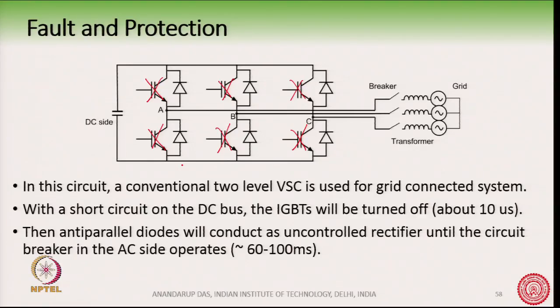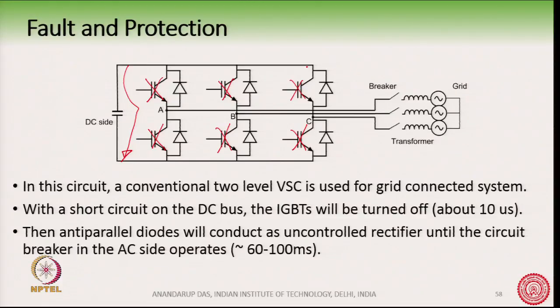There can also be a situation where the DC bus itself is shorted due to some reason, and at that point of time the grid is feeding an uncontrolled rectifier with its DC bus shorted.